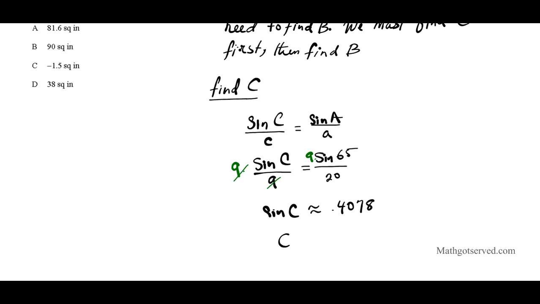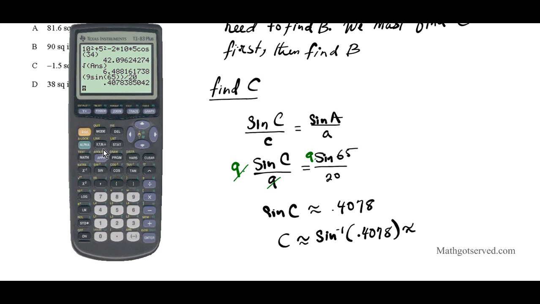So big C is approximately the inverse sine of 0.4078. Plug that into our calculators. Let's see what we get. We're going to do the inverse sine of, let me just use the previous answer, second function negative. Plugging in my previous answer, 24.0691.